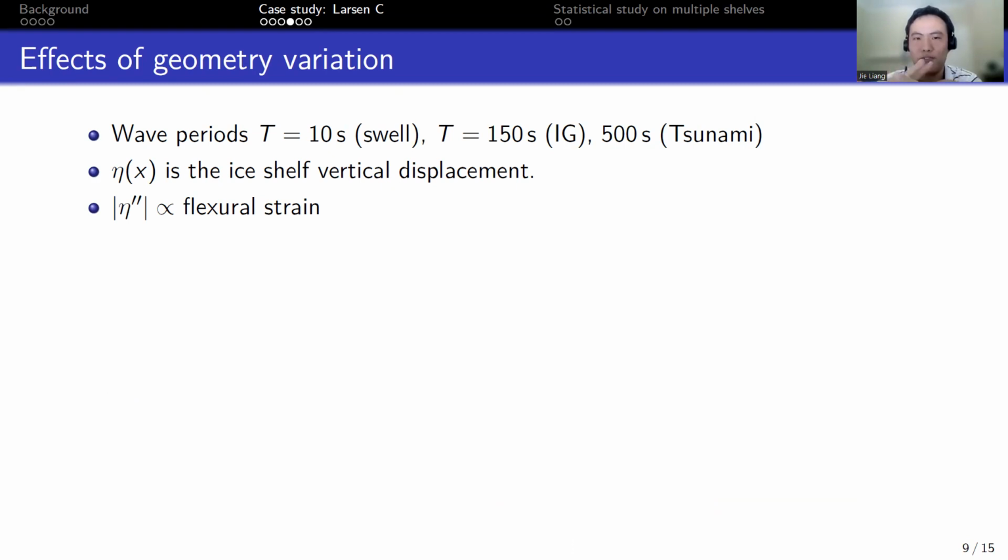I want to see how they act differently for different wave periods. Just to mention, the output I used is eta. Eta denotes the ice shelf vertical displacement, and the second derivative of eta is proportional to the flexure strain.